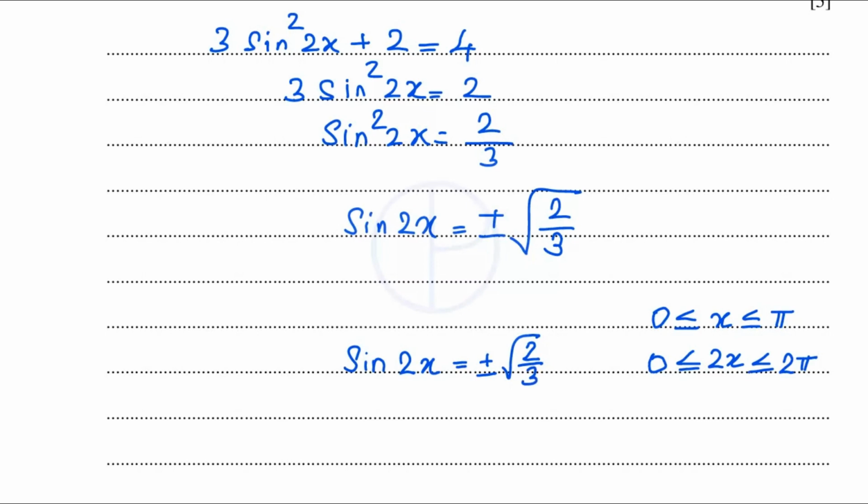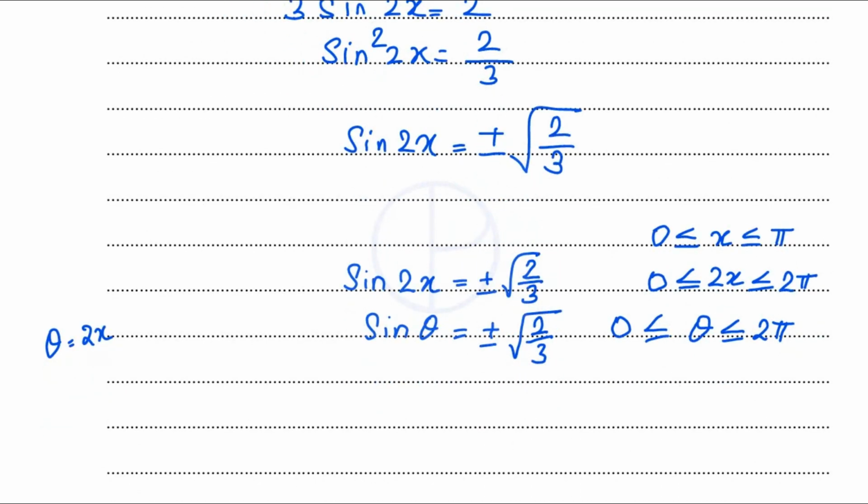Let's take 2x as theta. So we get sine theta is equal to plus or minus square root of 2 over 3, and the range is 0 less than or equal to theta less than or equal to 2 pi. So now what is theta?